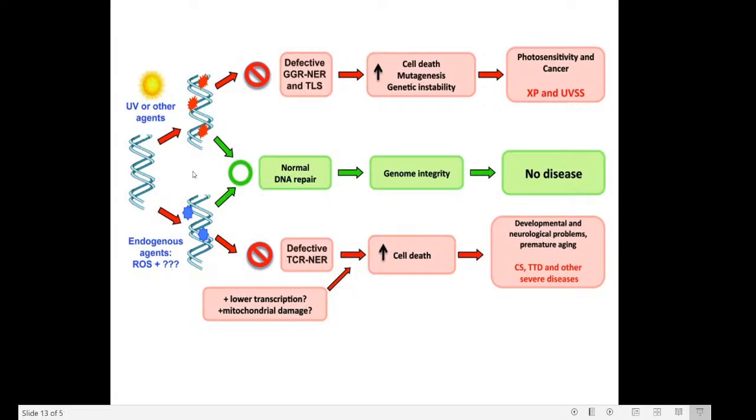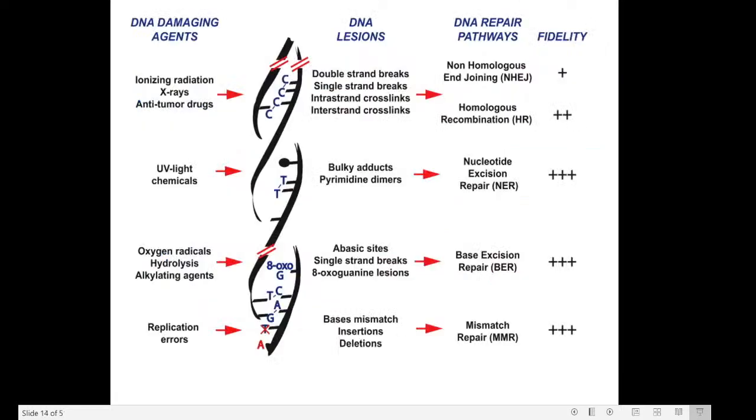The next is the endogenous reagent, which may be an ion or any causative agent that affects NCR and NER. After that damage, it increases cell death and develops neurological problems. Some other diseases are also caused by this damage.